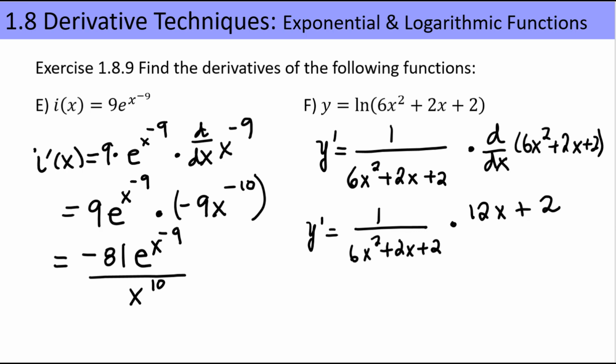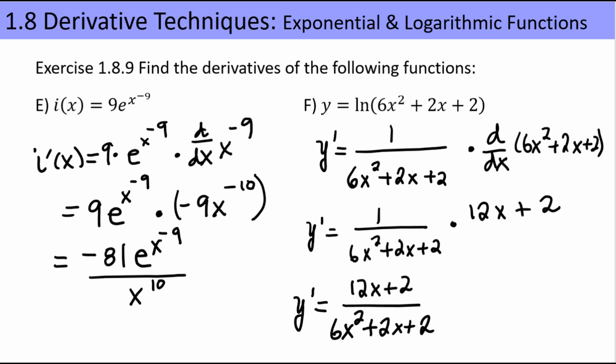So the final cleanup could look like y prime is equal to 12x plus 2 divided by 6x squared plus 2x plus 2. Oh, look at that. There is a common factor of 2 in both the numerator and the denominator, so we can further simplify this to 6x plus 1. And for the denominator, 3x squared plus x plus 1.